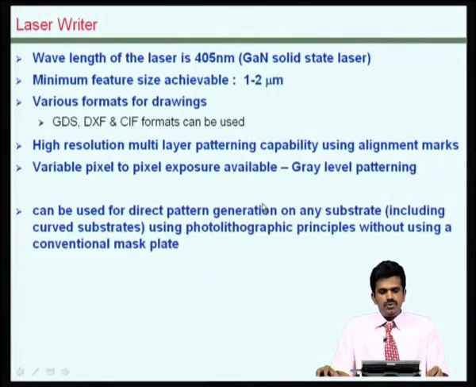This can even be used to transfer the pattern directly onto the wafer as well, not necessarily always to the mask itself, and both direct writing as well as mask writing options are possible with today's laser writers.